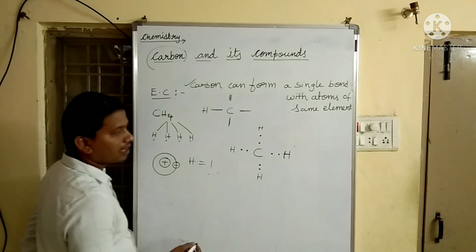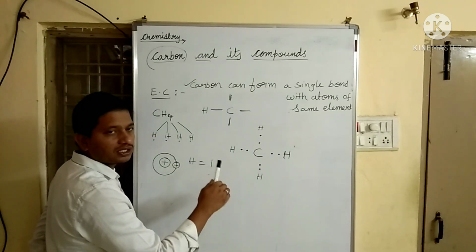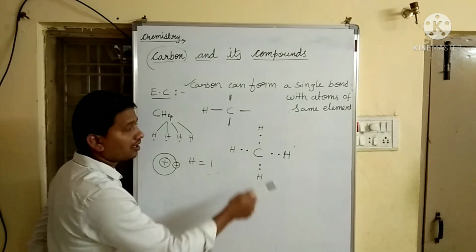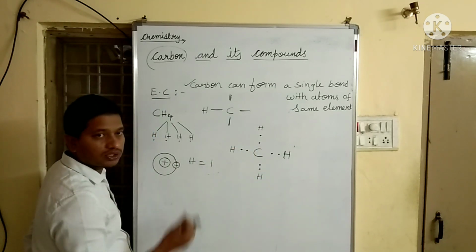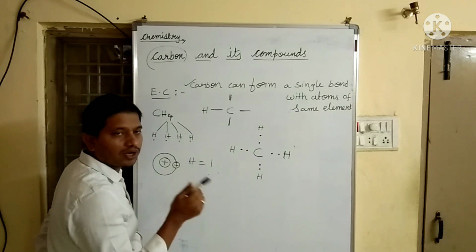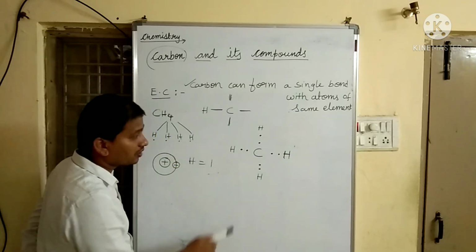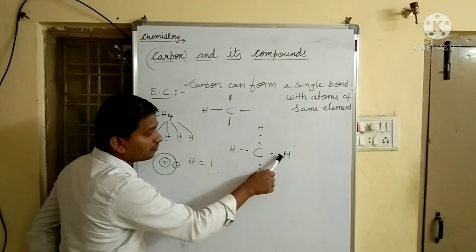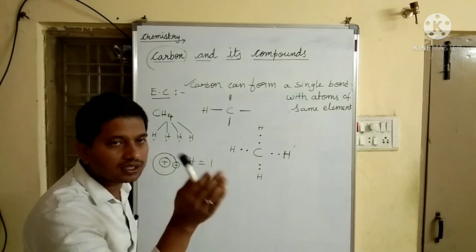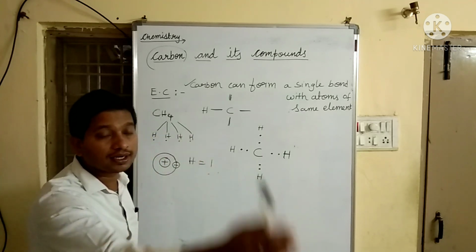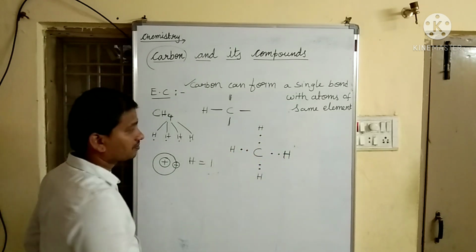See, now carbon is sharing 4 electrons with the atoms of hydrogen. You can see now carbon is getting octet configuration: 1, 2, 3, 4, 5, 6, 7, 8. Totally how many electrons are there with the carbon? 8 electrons. I mean, carbon is attaining octet configuration.